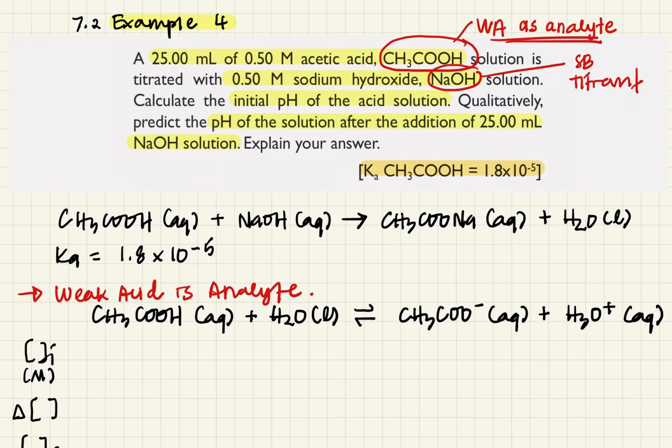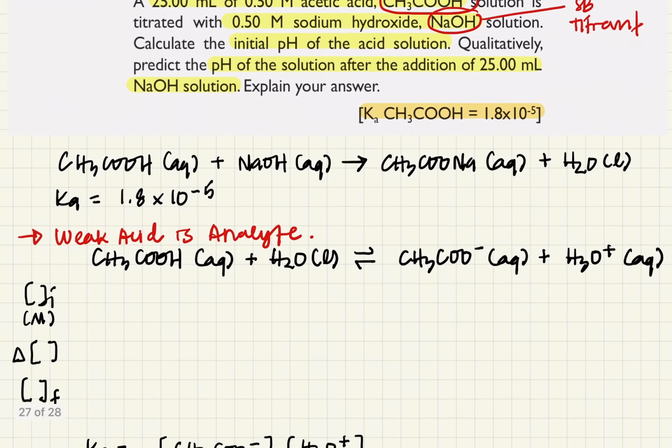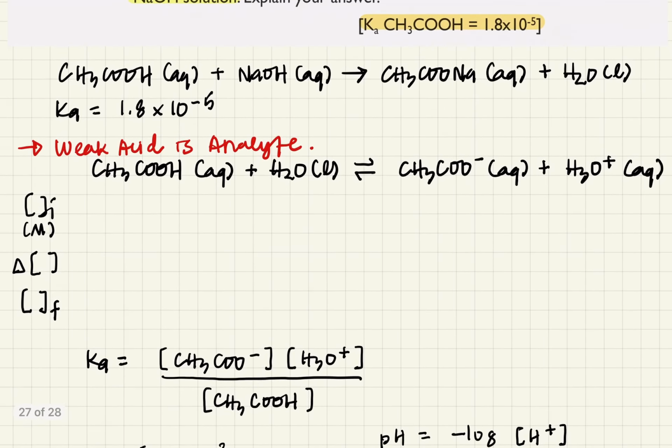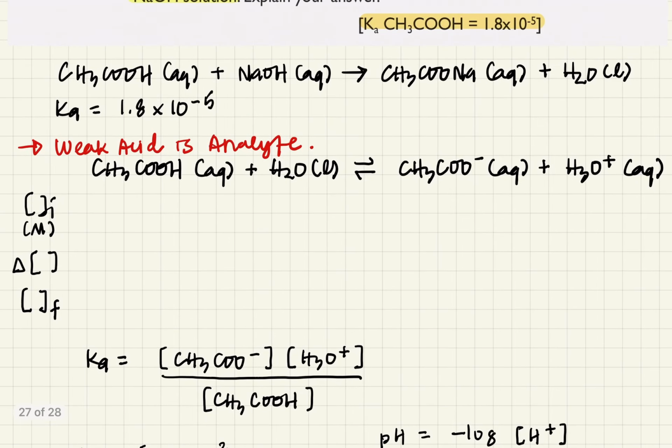So, what we need to do is, sekarang we want to find the initial pH of the acid solution. Right? So, since your acid is a weak acid, your acid will not dissociate completely. Okay? If you look here, when your weak acid, acetic acid, dissociates in water, it will form its conjugate base and hydronium ion.